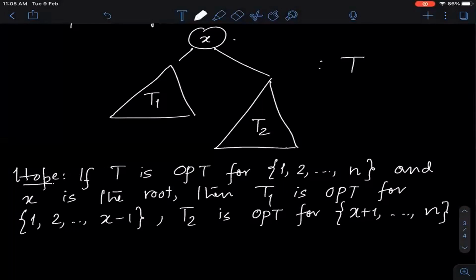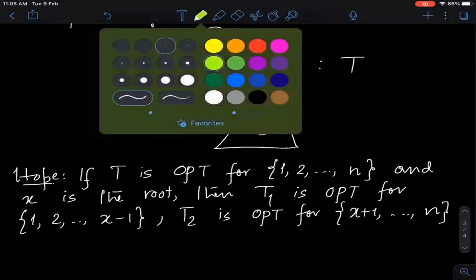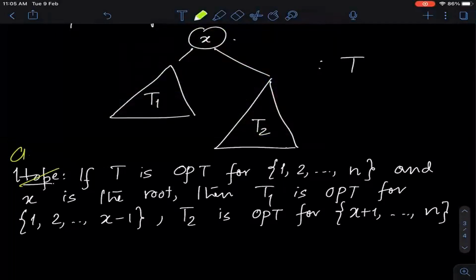But it turns out that, first of all, this is not a hope. This is actually a claim. God is kind, and we actually have this property which will eventually help us design the dynamic programming algorithm. It turns out that this is the most crucial property. Okay, so let's see why this is true.